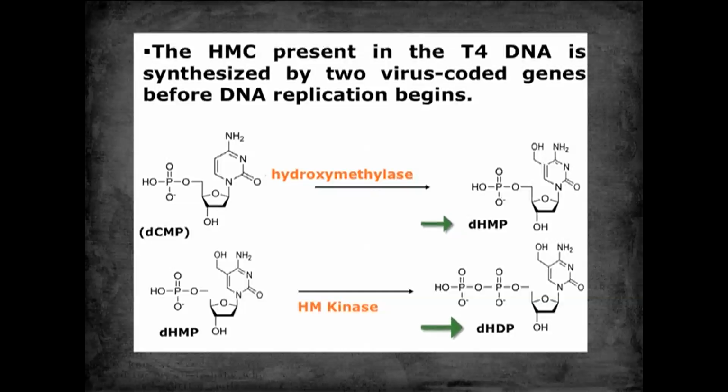T4 hydroxymethylase converts deoxycytosine monophosphate to hydroxymethyl monophosphate. Then this hydroxymethyl monophosphate is converted to deoxyhydroxymethyl diphosphate and eventually to hydroxymethyl triphosphate by hydroxymethyl kinase, and then this molecule can be incorporated into the viral DNA.